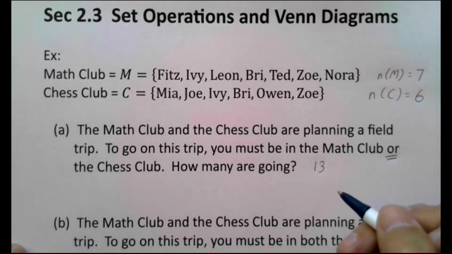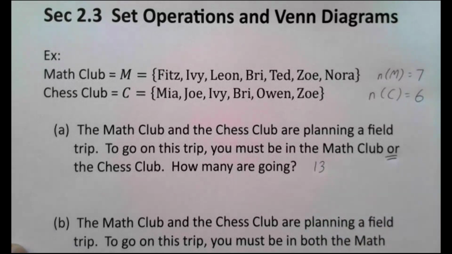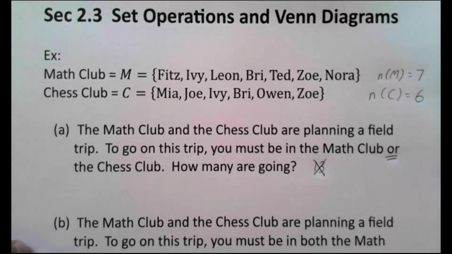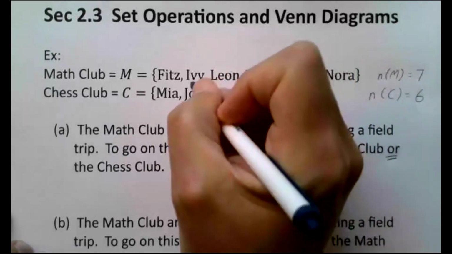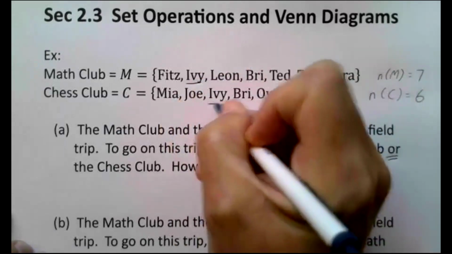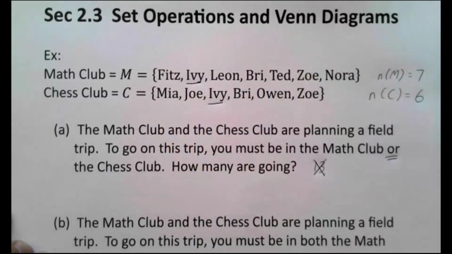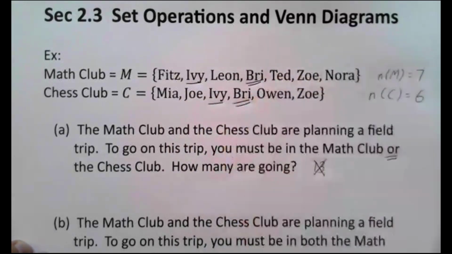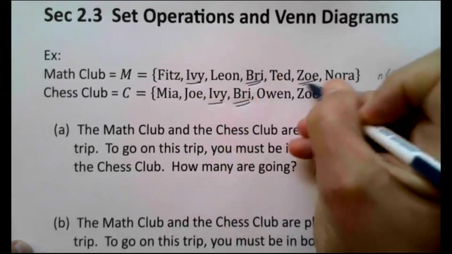But why is it not 13? Think about why the answer is not going to be 13. And it's because there's some sort of overlap, right? Some people are in both clubs. Like look at Ivy. Well, why would we need to buy 2 tickets for Ivy? Look at Bree. Look at Zoe.